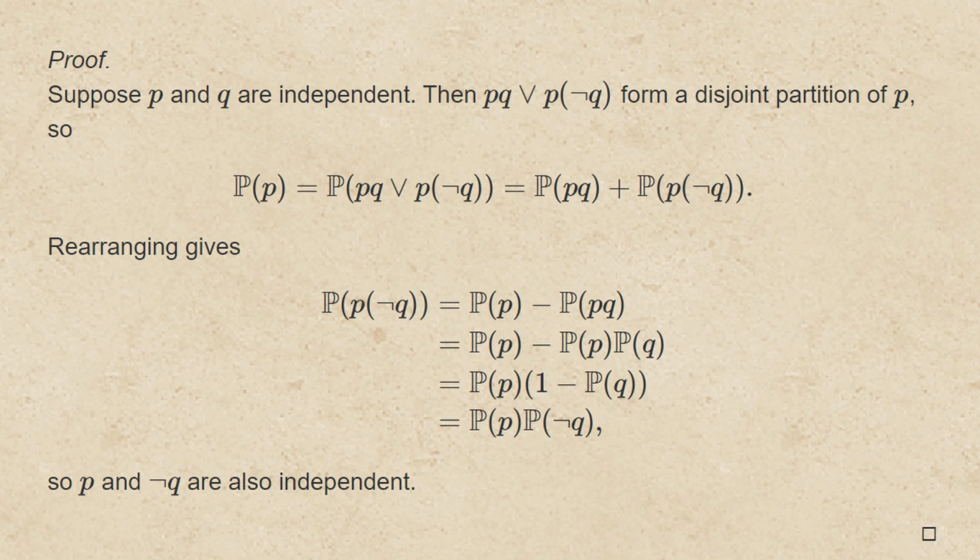Now use the fact that P and Q are independent to say that that equals the probability of P minus the probability of P times the probability of Q. We can factor out the probability of P. What's left is a factor of 1 minus the probability of Q, but that's just the probability of not Q. So we've shown that the probability of P and not Q is the product of the probability of P and the probability of not Q, which means that P and not Q are also independent.